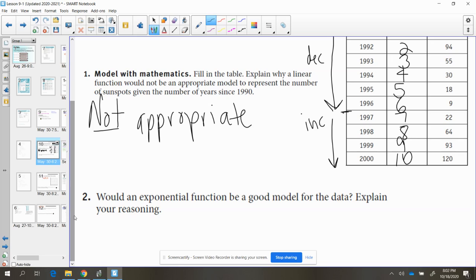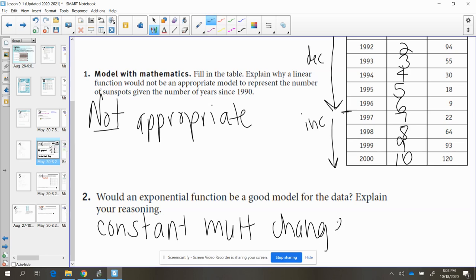And the reason is because there's not a constant multiplicative change, right? So no constant multiplicative change.